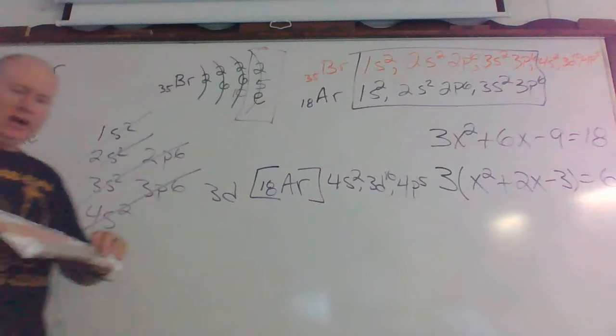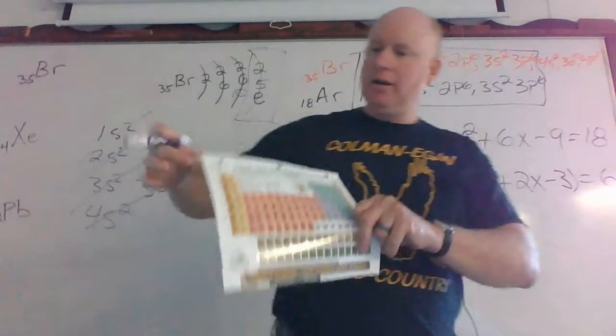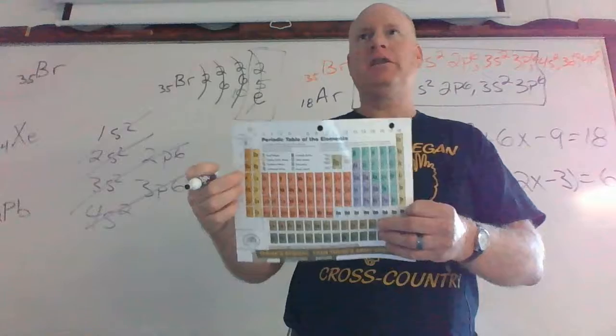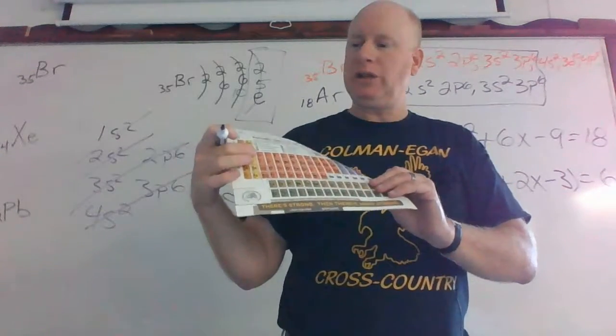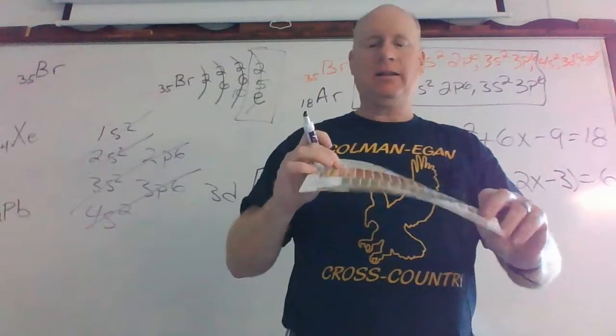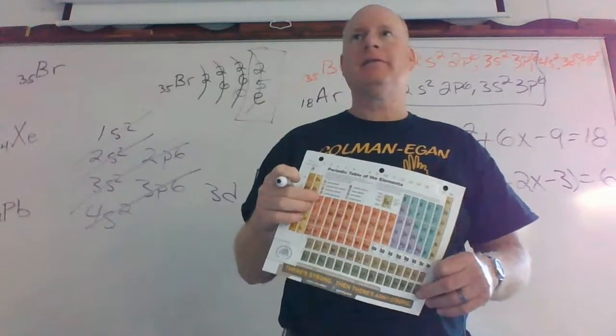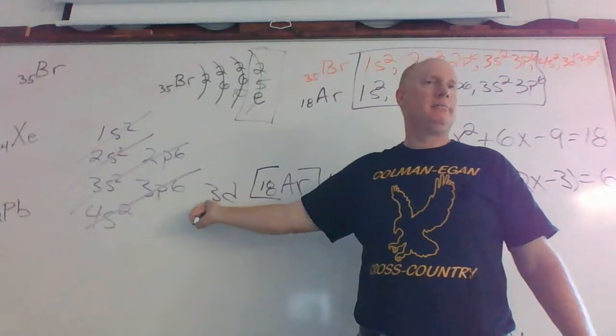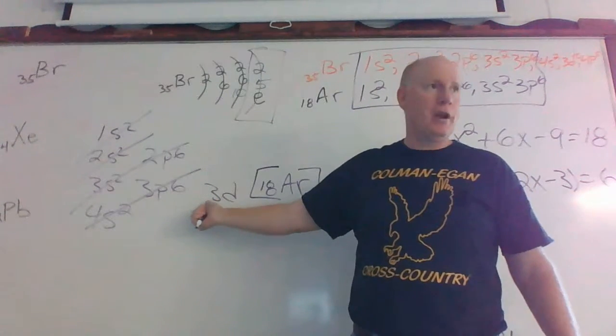So that's why you got to be careful that, yes, 1s2, 2s2, 3s2, 4s2, but once you get to scandium, element 21, that is not 4d10. It's what? 3d. Okay? Remember, you got to subtract 1 with that.